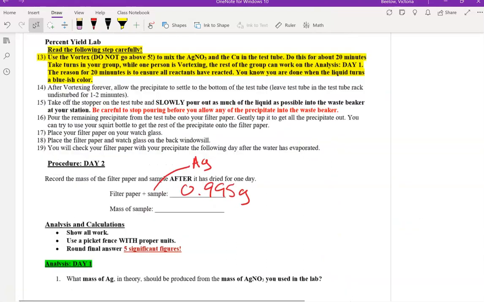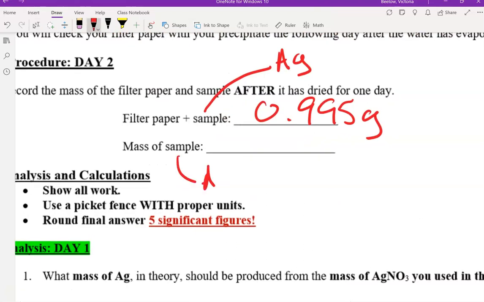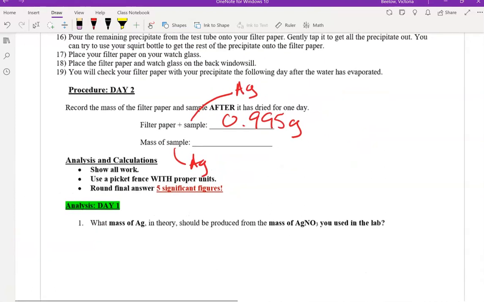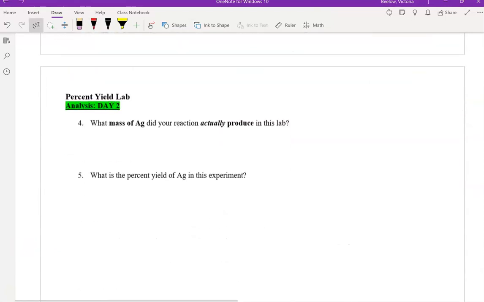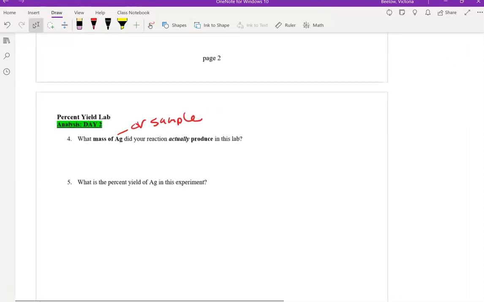What do you need to do mathematically to find just the mass of your sample, which is your silver? So make sure you do that first. The mass of your sample, whatever that is, that's what's going to be written down here for question number 4. That's the mass of the sample that was actually produced in this lab.